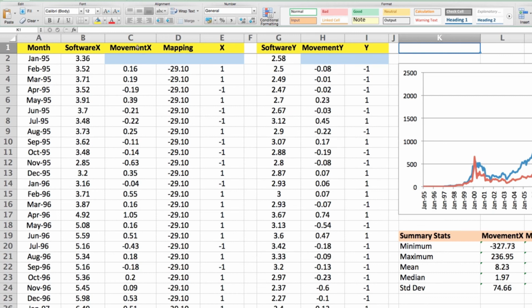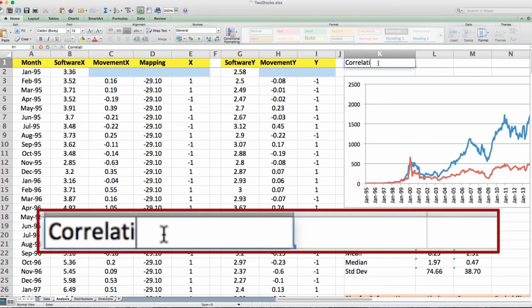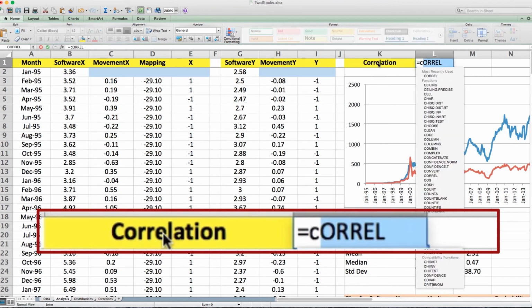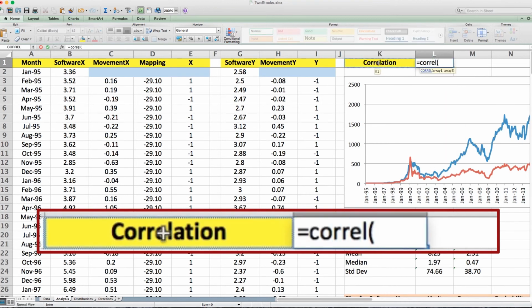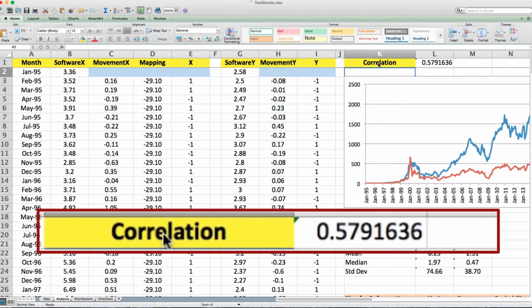In our spreadsheet, we now have X replacing movement X and Y replacing movement Y. So I have correlation given by CORREL of C:C and H:H, which is about 0.58. This number reflects a strong relationship between the two monthly stock movements.